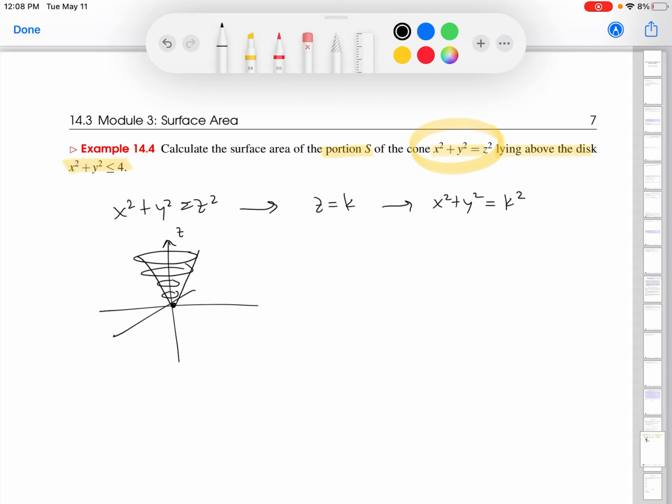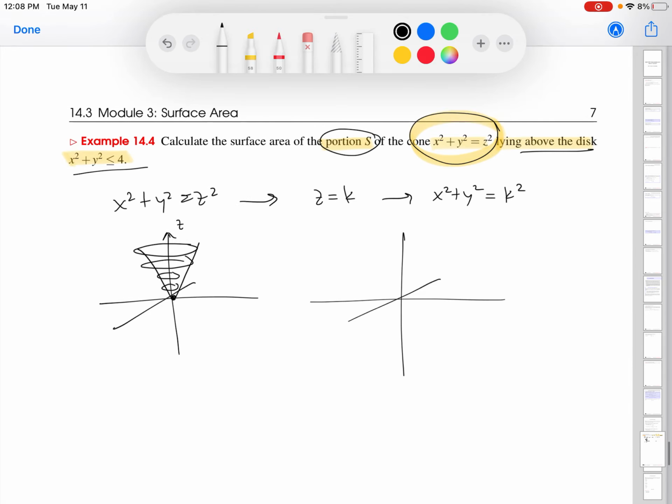Great. Next thing I'm going to do is, I've visualized the cone now. How about the actual portion of the cone lying above the disk, x squared plus y squared is less than or equal to 4? So I'm going to draw a new diagram here because I want to draw the circle in the plane. The boundary of this set is a circle of radius 2. There we go. And the actual set itself, because of the less than or equal to, is everything included inside that. So let me just unclutter here.